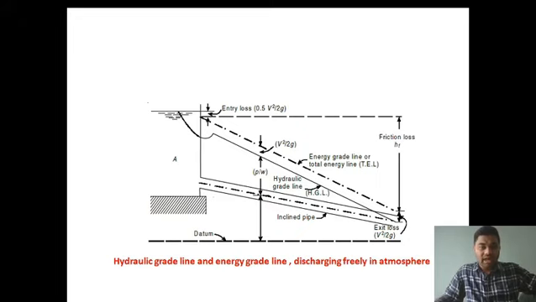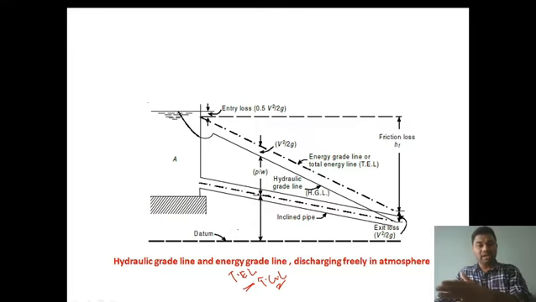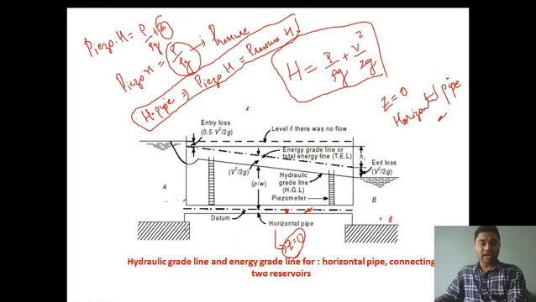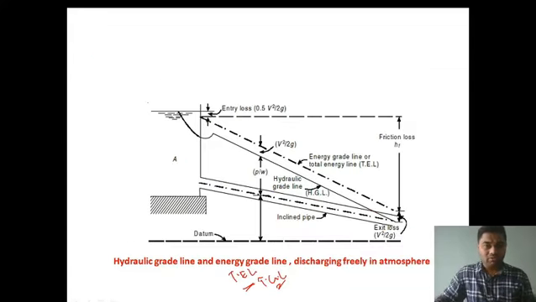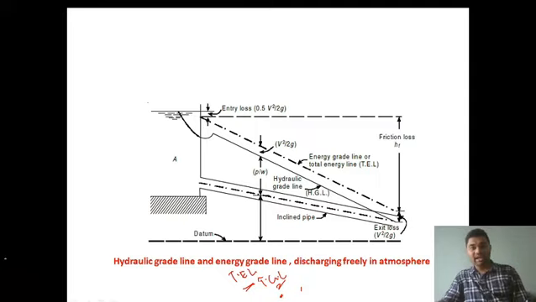The hydraulic grade line and energy grade line, where the energy grade line is also known as the total energy line, TEL, or total grade line, is discharging freely into the atmosphere. Earlier there were reservoirs at two sides, reservoir A and reservoir B. But in this scenario, the water is being pumped from reservoir A.